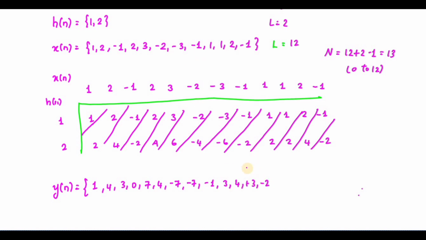So you see I have 13 values starting from y of 0, that is y of 0, 1, 2, 3, 4, 5, 6, 7, 8, 9, 10, 11, 12.